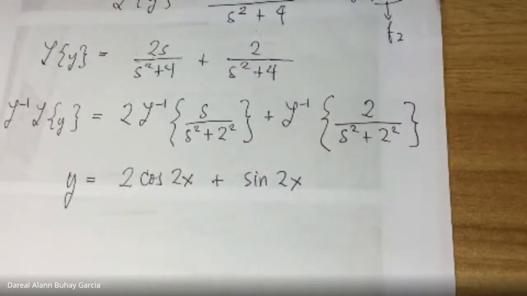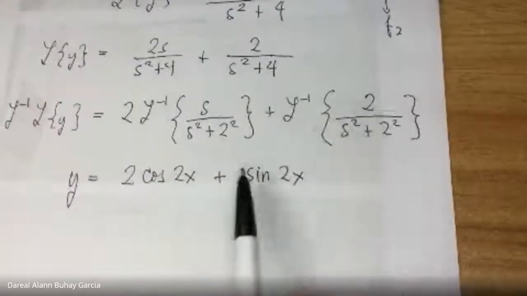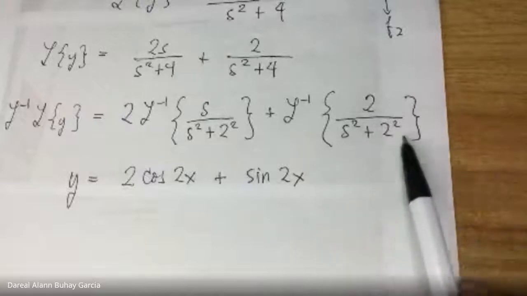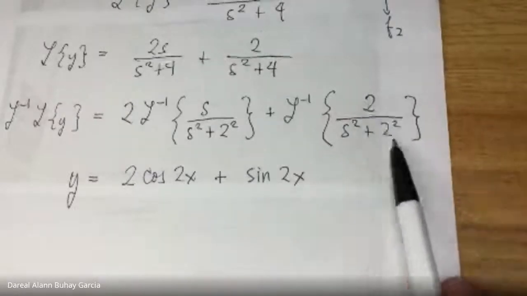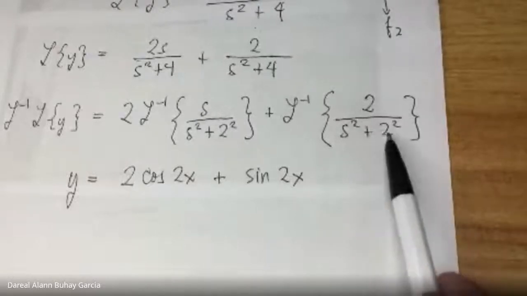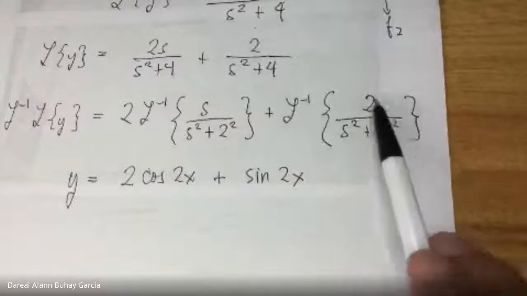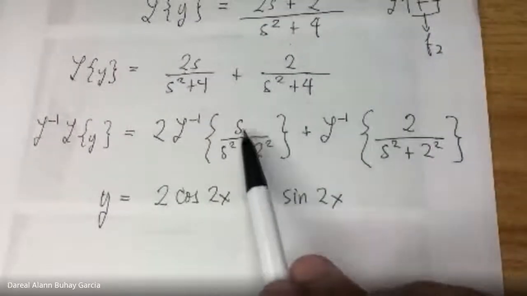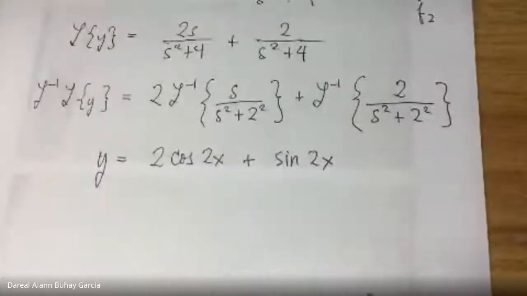Notice it isn't a coefficient, it's part of the inverse. The inverse Laplace of sine is a over s squared plus a squared, whereas the inverse Laplace of cosine has just s as numerator. That's why we can pull out the constant.